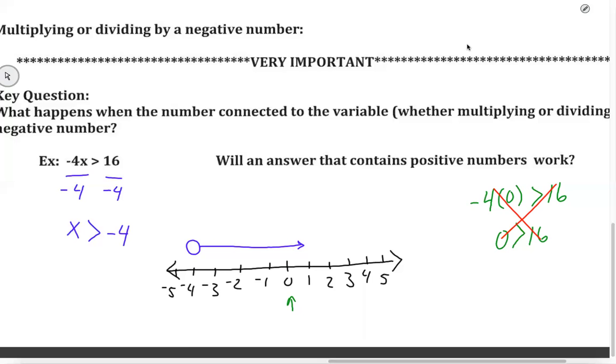So what's the issue here? Let's start here. Did I do any of that wrong? No. 0 times anything is 0. So that's correct. So let's look at this. Was 0 under my line? Yeah, right? So that's correct.